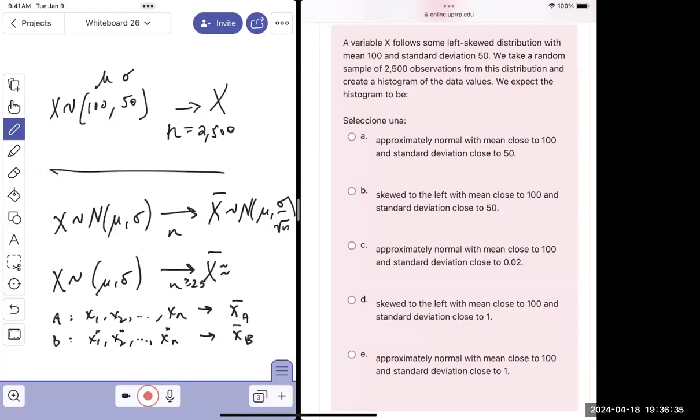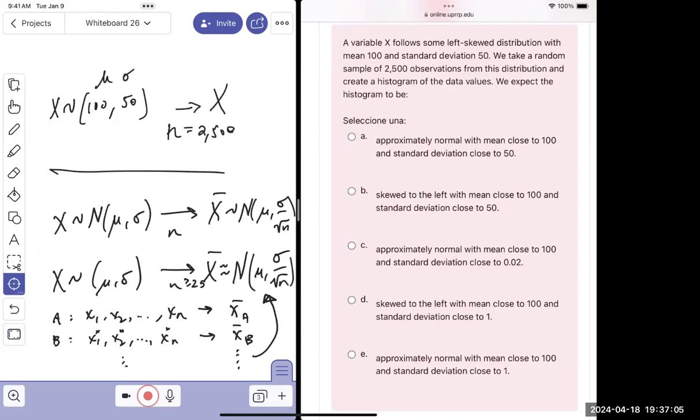And that would give me the mean of sample B. And I'm going to do that many, many, many times. All possible samples, all combinations of the values. Then I'm going to calculate all possible means, and then I make a histogram. The histogram will look approximately normal with a mean of mu and a standard deviation of sigma over root n.